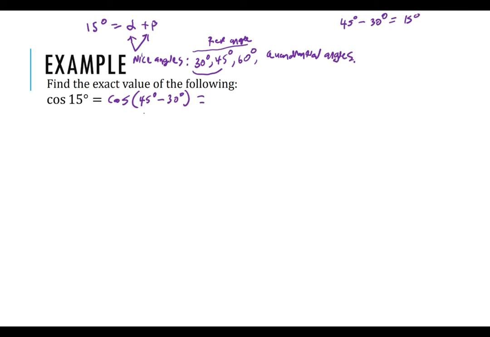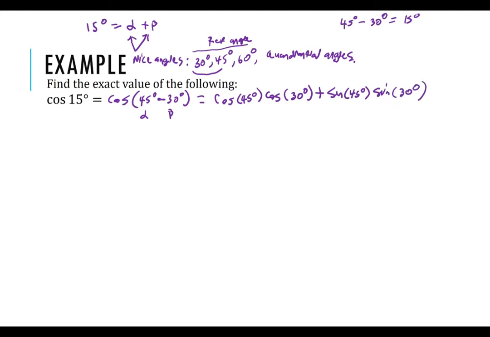Referring to your handout, 45 degrees is alpha, 30 degrees is beta, and we have subtraction. Then we're going to have cosine of 45 degrees times cosine of 30 degrees plus sine of 45 degrees times sine of 30 degrees.